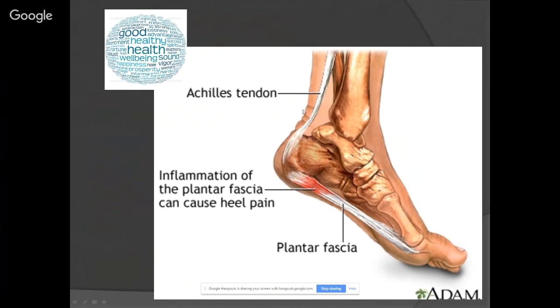The Achilles tendon extends down the calf and leg, like mentioned before, into the heel. And then under that calcaneal bone starts the plantar fascia, which is a connective tissue. It creates the arch of your foot.